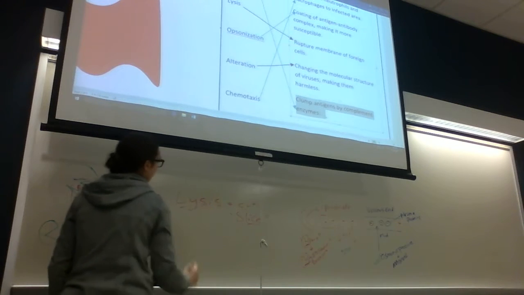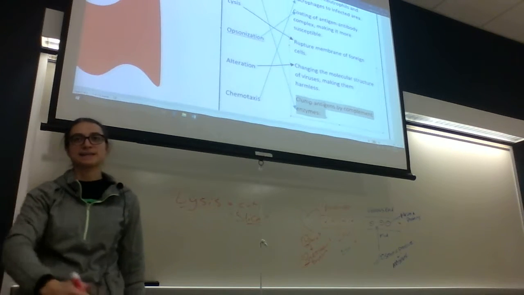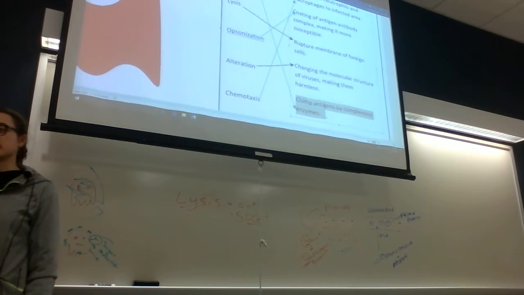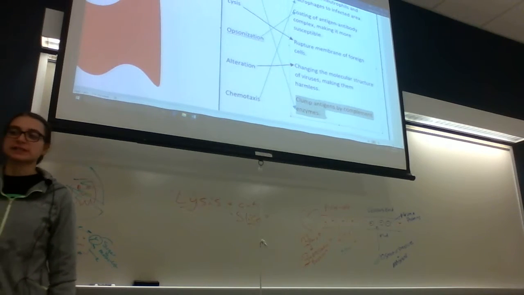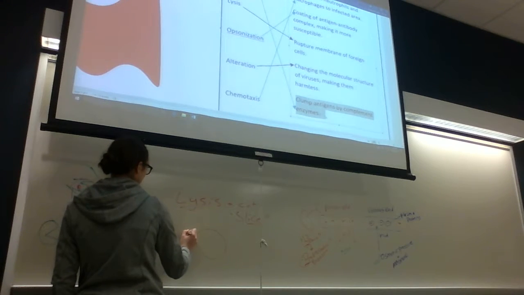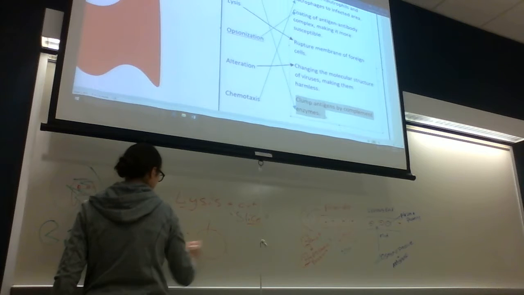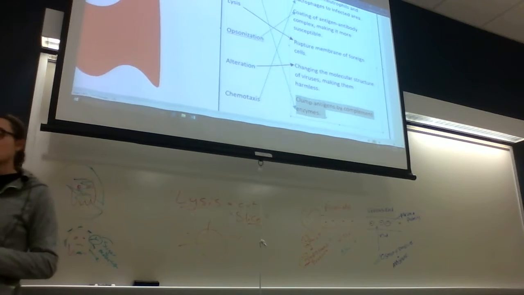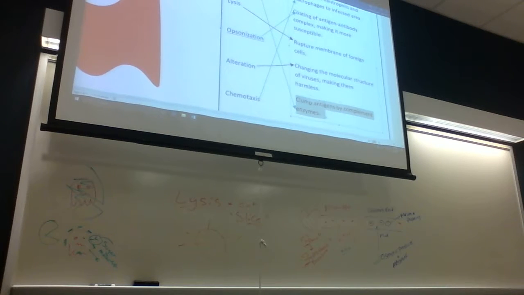So I like to think about lysis, slice. You know, it cuts things. So that's also what complement does, it cuts things, it ruptures the membrane. So if this is the membrane of a foreign thing, complement will cut it open. That's what lysis is.